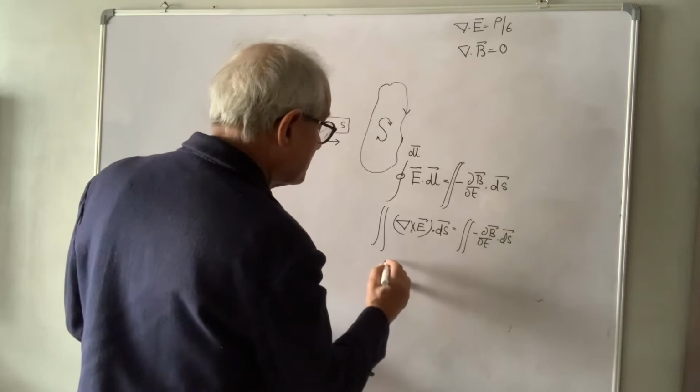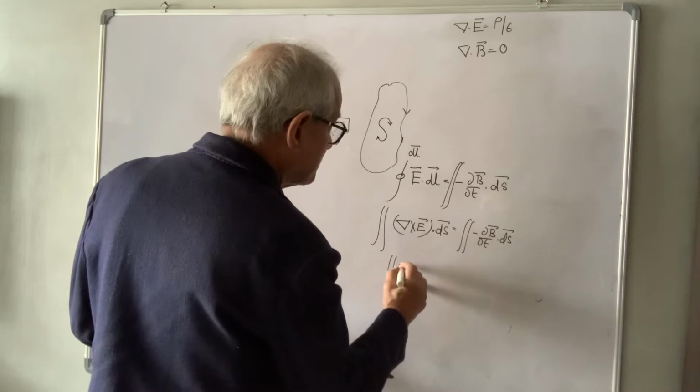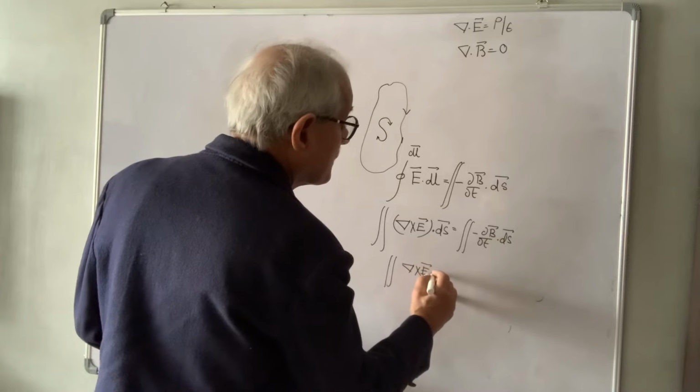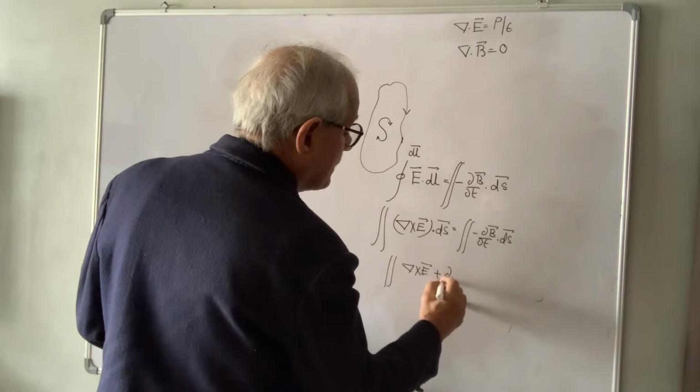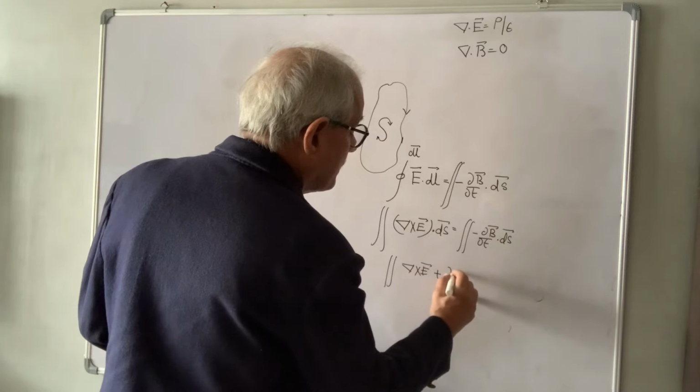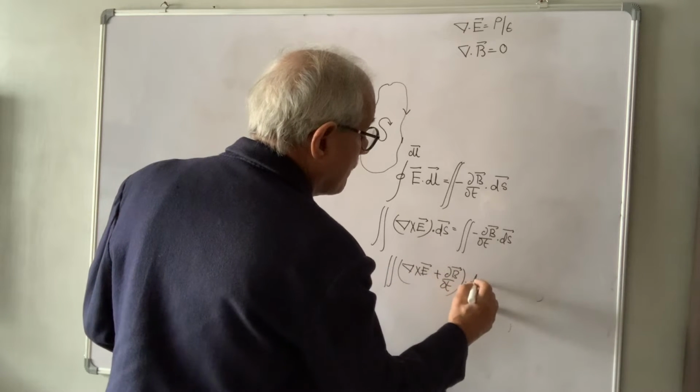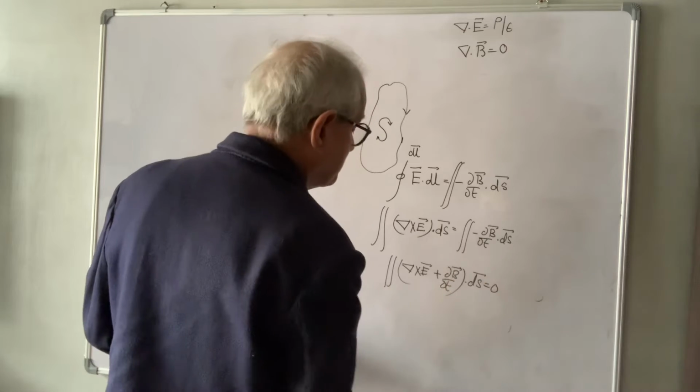Taking this to the left hand side, we get the surface integral of (curl of E plus del by del t of B) dot ds is equal to 0.